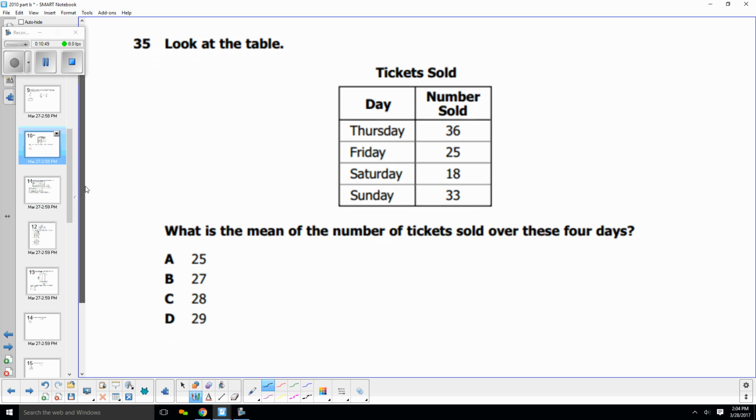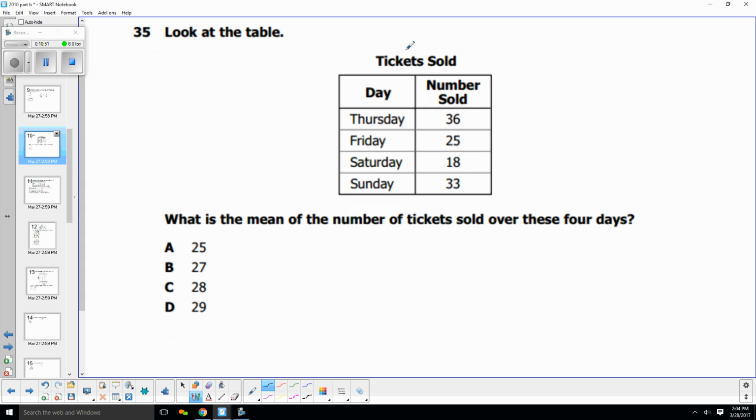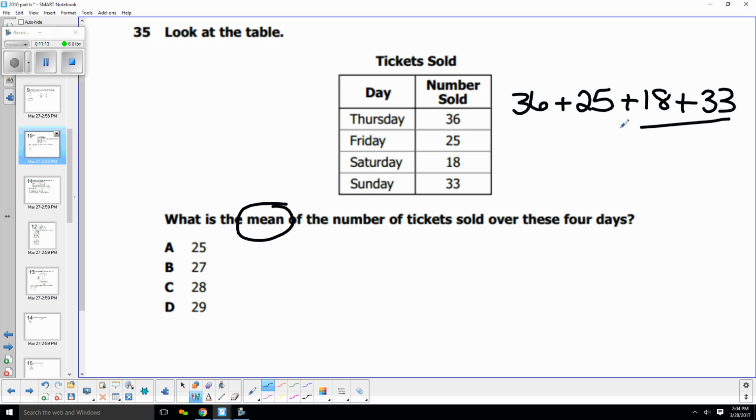Number 35 says look at the table. We have tickets sold. We have what days and how many. It says, what is the mean of the number of tickets sold over these 4 days? Well, somebody told me earlier mean was when I add them all together and divide by how many numbers there were. So I'm going to add my numbers together, and then I'm going to divide by how many days I did.